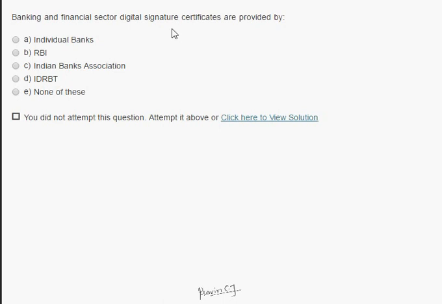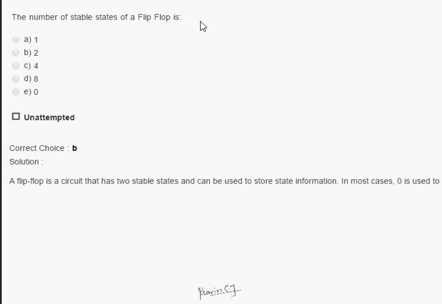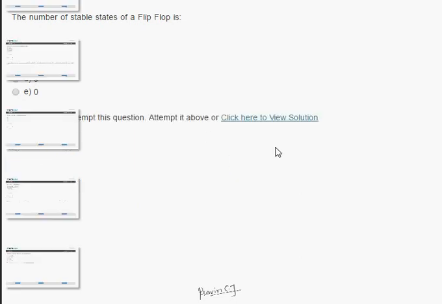Okay, we will cover the next question. The number of stable states of a flip flop. I think there are only two states.